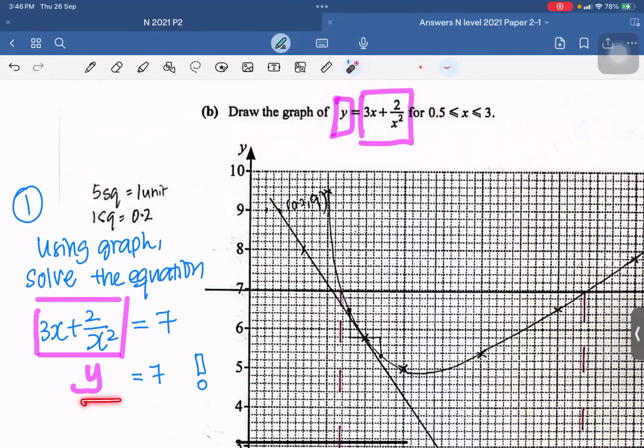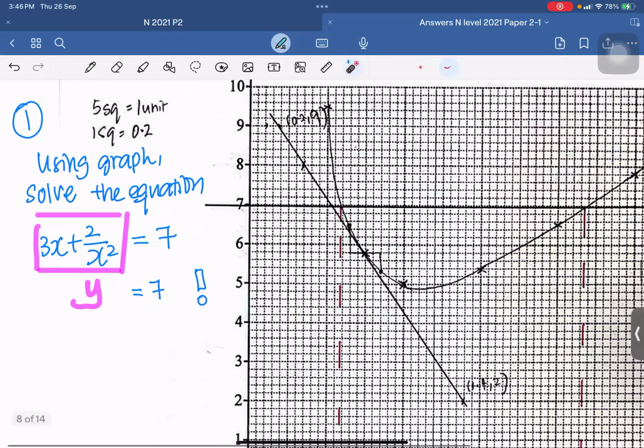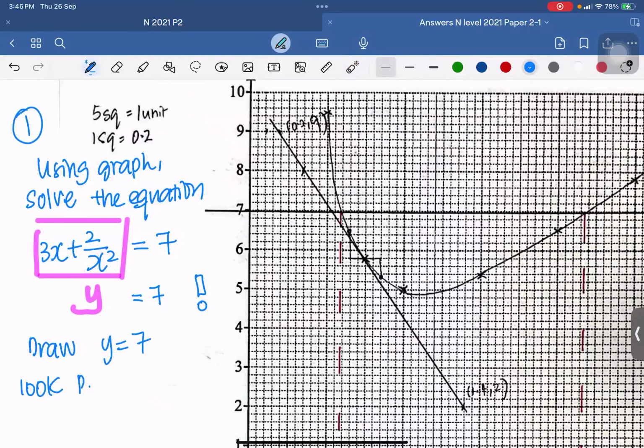Then actually it's telling you y equals 7. Then you draw y equals 7, then you look for the point of intersection. Can you write this down, please? Once you're done writing, then you raise up hand, let me know, then I move on to the next question.